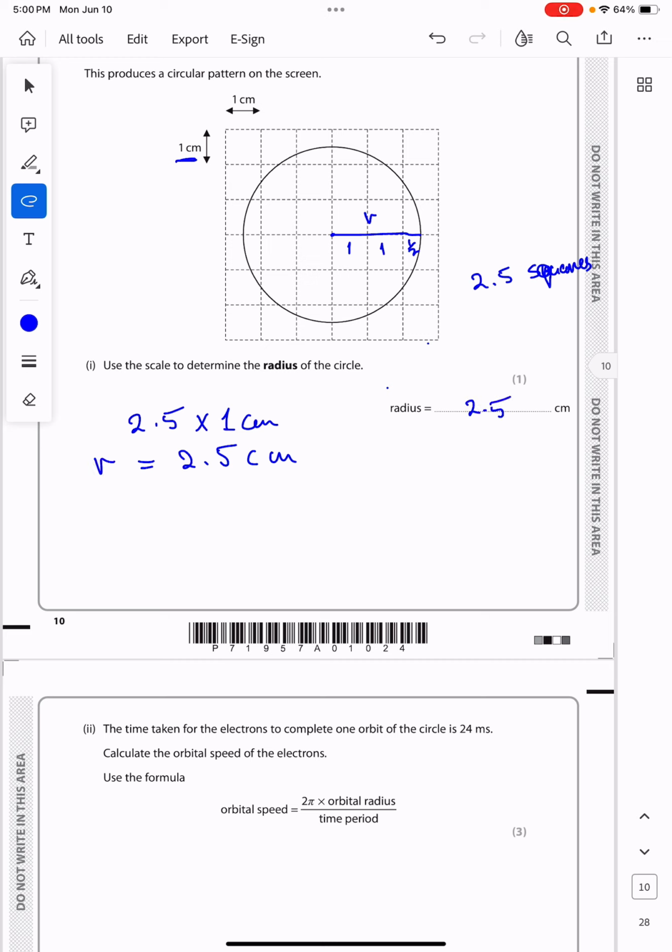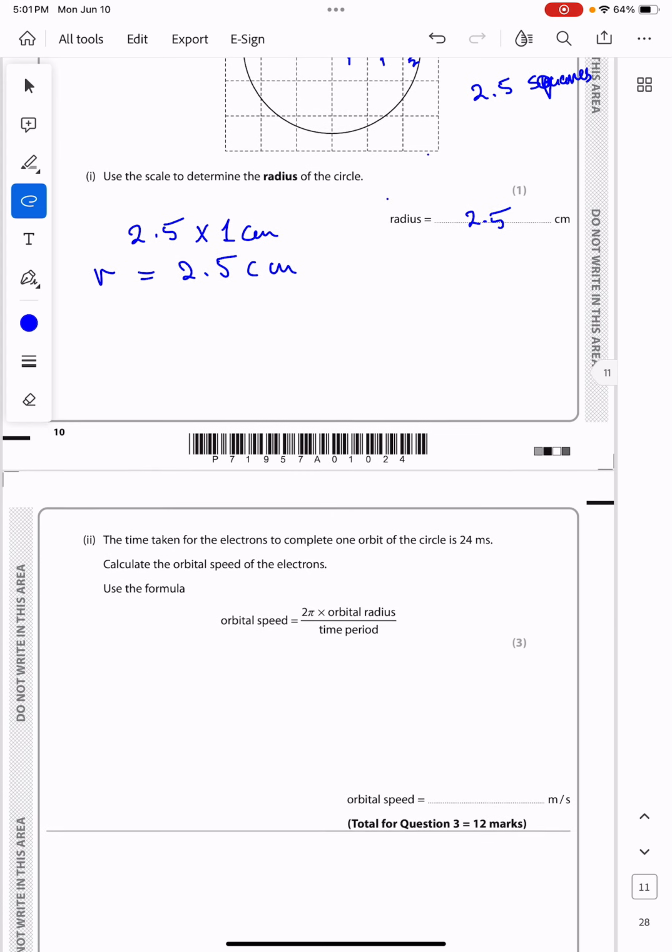Easy, right? So just have to see the circle, find where is your radius from the center to this point here, and you just have to count the squares connecting these 2 points, and then transfer it into centimeters, and it is given to us here for a reason.